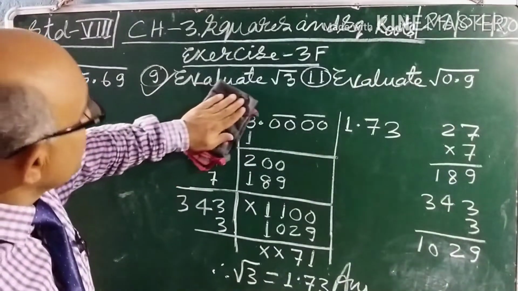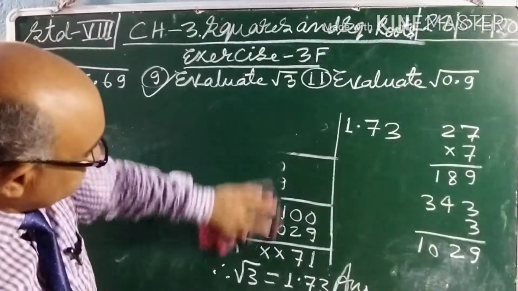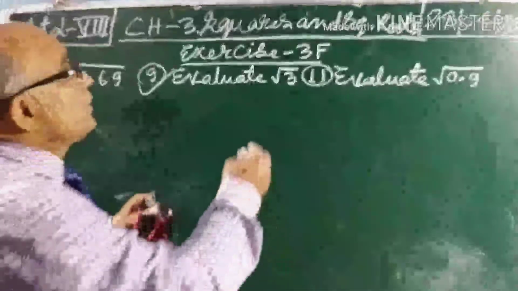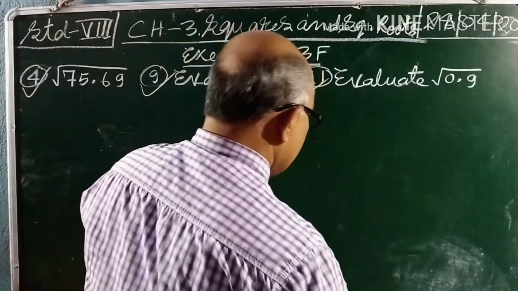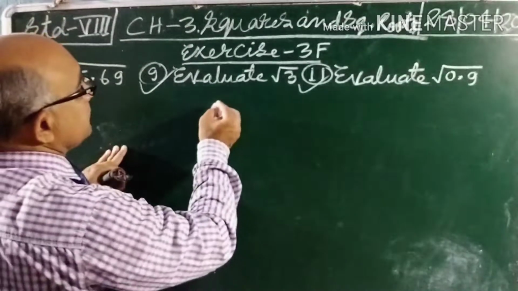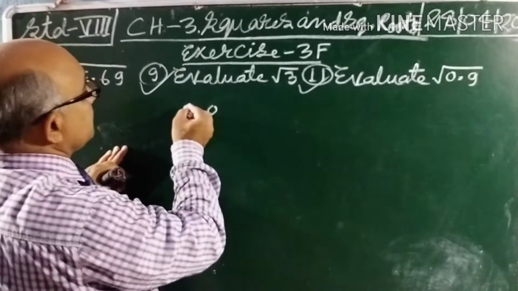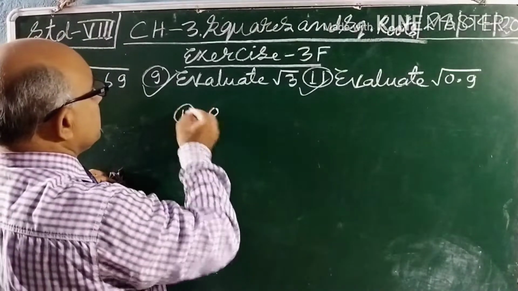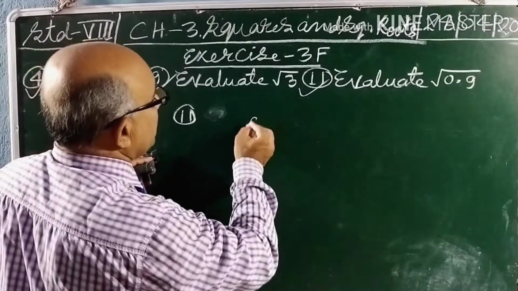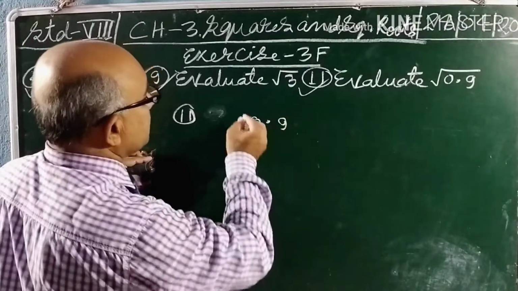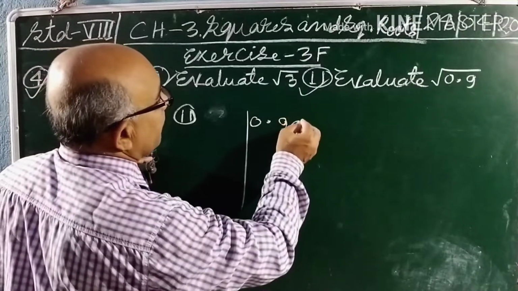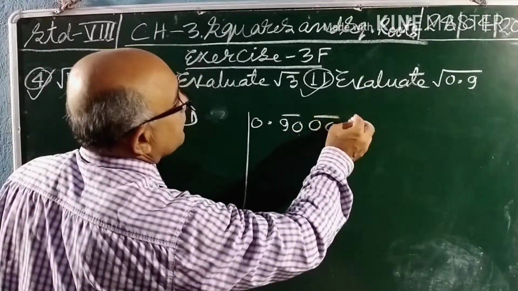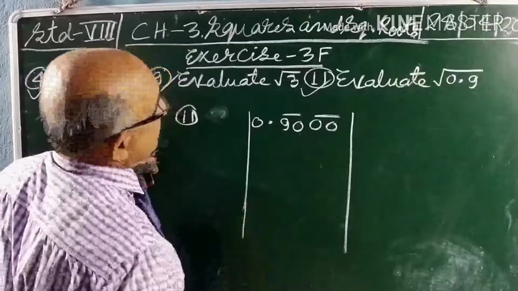Now next question, question number 11. Similarly, evaluate root 0.9. Write it between the lines. Make pairs from left to right, up to 2 decimal places.